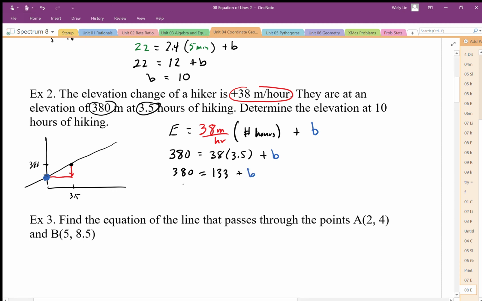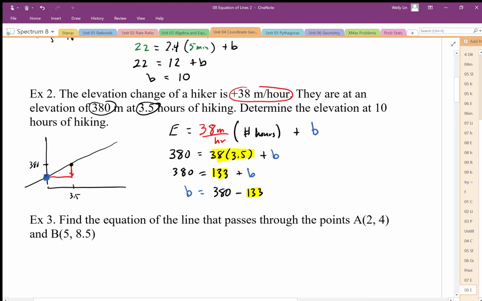So when I solve for B, B is equal to 380 meters, and I'm going to take away that 133 meters of change. So this portion here represents the net change. There's my net change, and I'm going to take it away if I'm going to go backwards. And that's what happens when I put it to the other side of the equation.